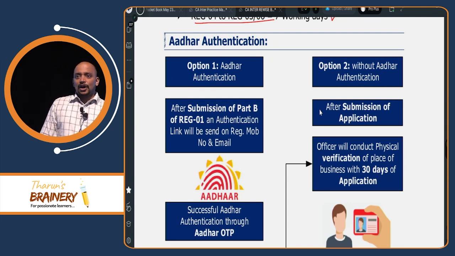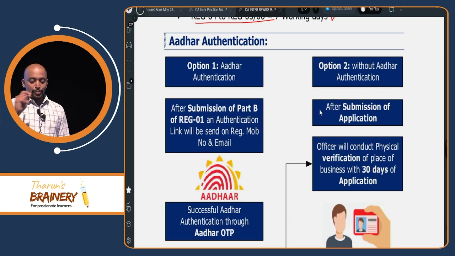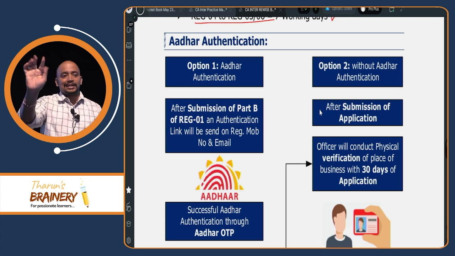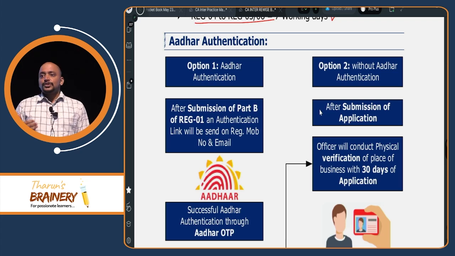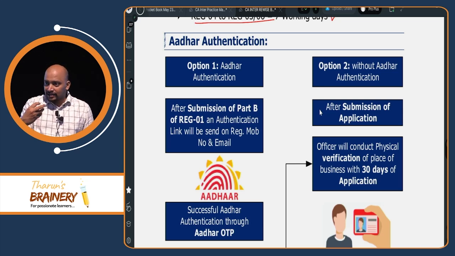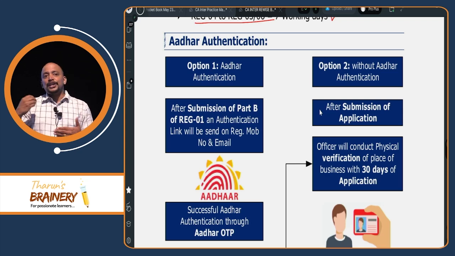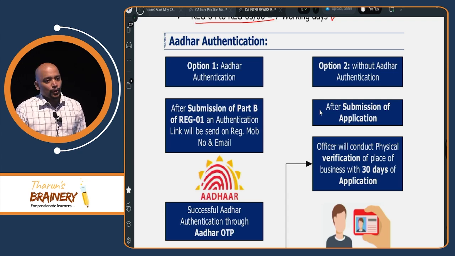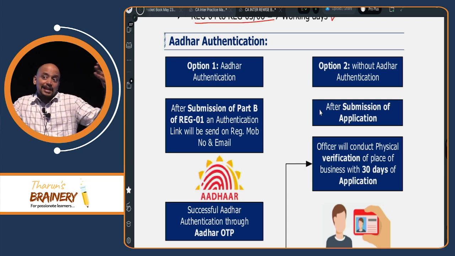We can select Aadhaar authentication or no need to select it. Suppose you select Aadhaar authentication, then once you submit the application REG-01, we will get an Aadhaar link. In that link, we need to enter our mobile number OTP and email OTP. Once we enter that OTP, Aadhaar authentication is completed.